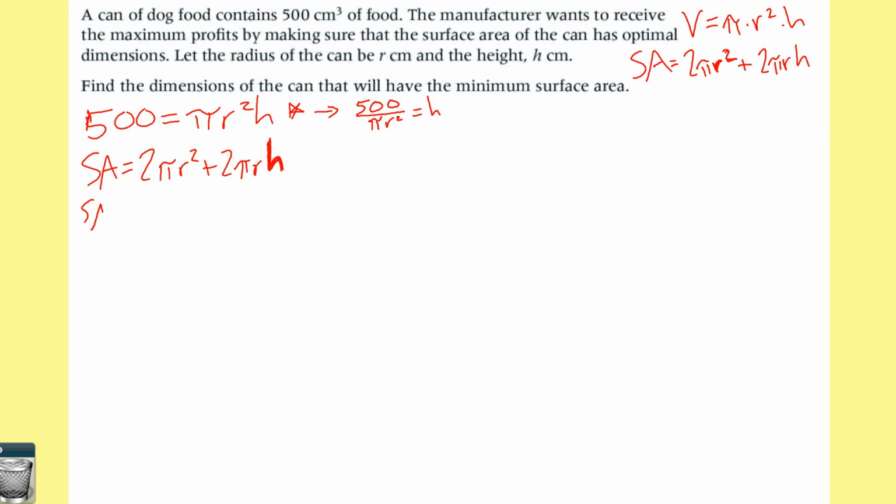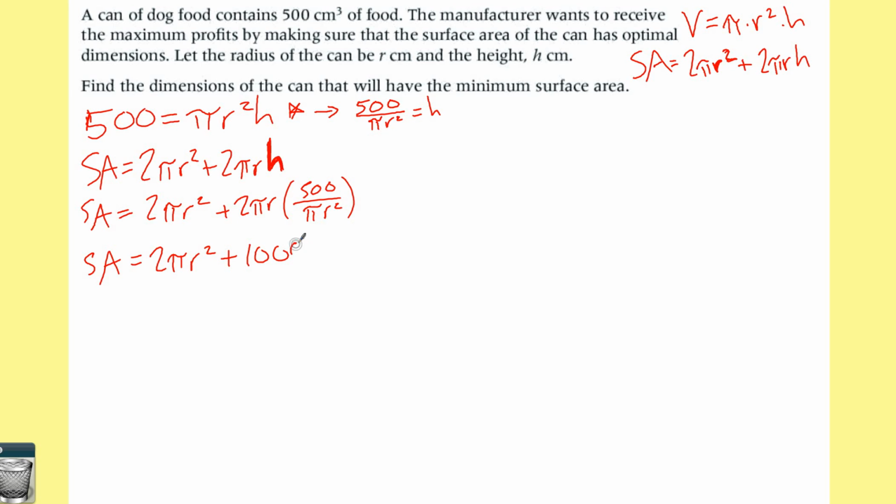So our surface area is now 2 pi r squared plus 2 pi r times 500 over pi r squared. We simplify, and we get 2 pi r squared plus 1,000 r to the negative 1, or 1,000 over r, either way.